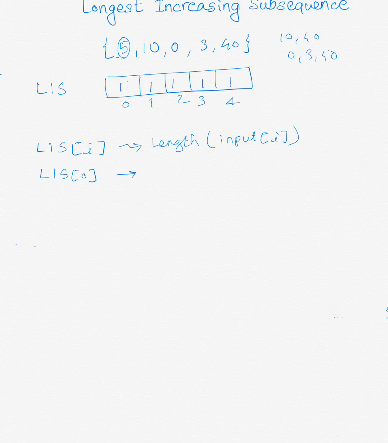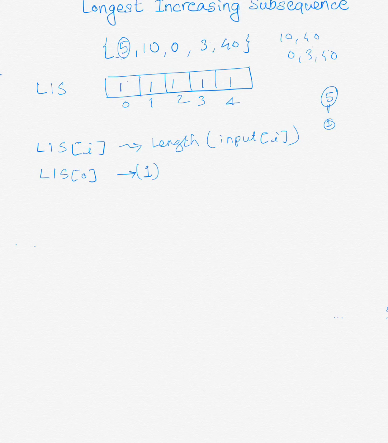Because there are no elements before 5, the length will be 1, because there is only one subsequence that ends with 5, and that is 5 itself, and its length is 1. So LIS of 0 will be 1.